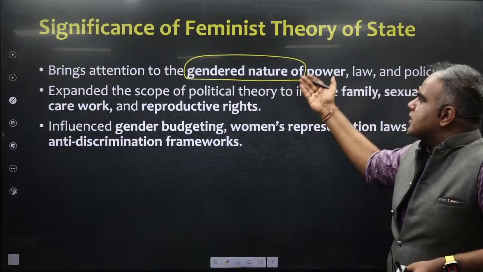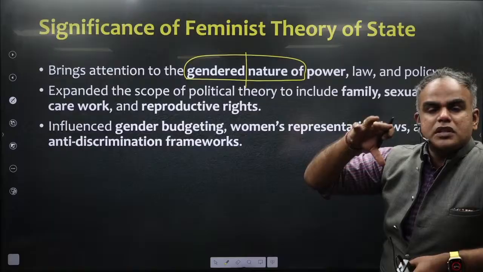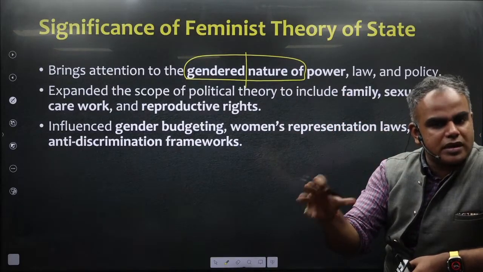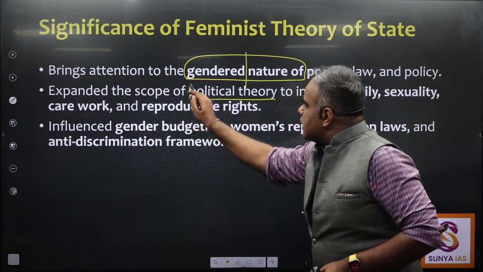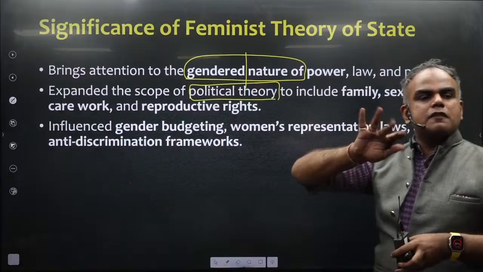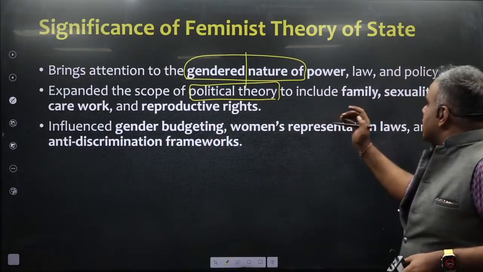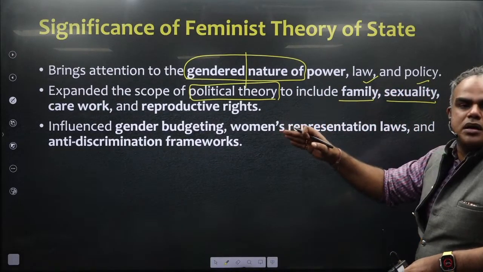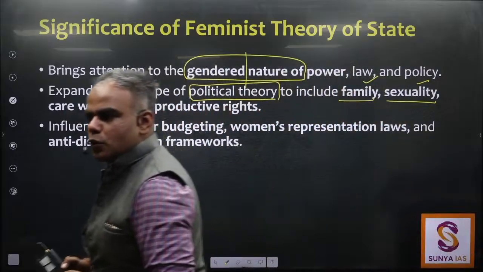But here they bring into attention that you have to take into account the sexual politics that goes on. It is not just a social contract, but it's a sexual contract. Yes? Then political theory pe, remember in the previous class we had seen the 4 dimensions of how to analyze and understand political theory. Now here also include family, sexuality, care work and reproductive rights. Many of these are being ignored, yes or no?